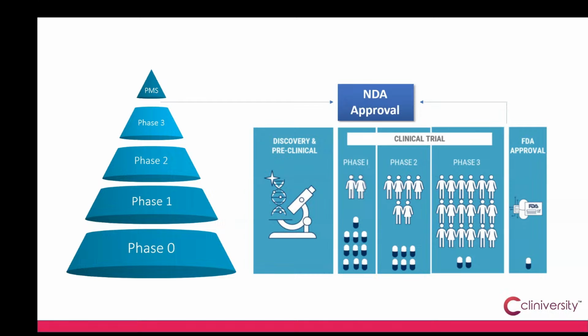If you look at the picture, it highlights that the population is small in the first phase, and we gradually increase the number of subjects in phase 2. Then we have a big patient pool in phase 3. Why are we gradually increasing the number of subjects? We don't know how toxic or how good or bad our drug is.